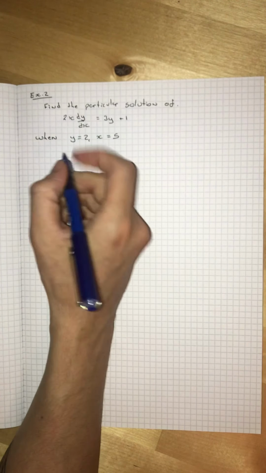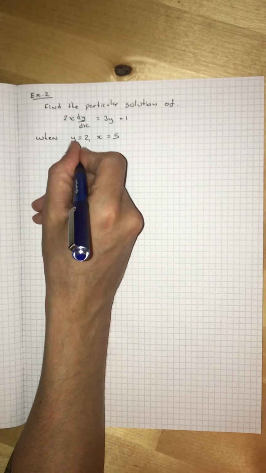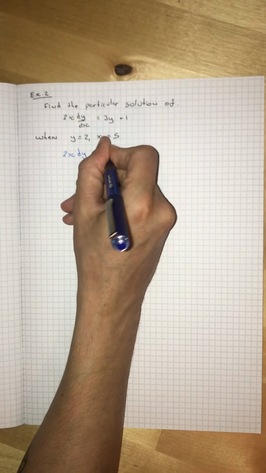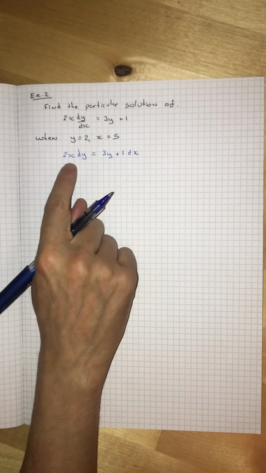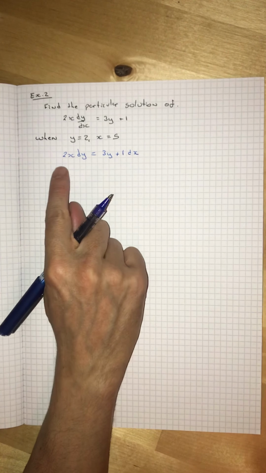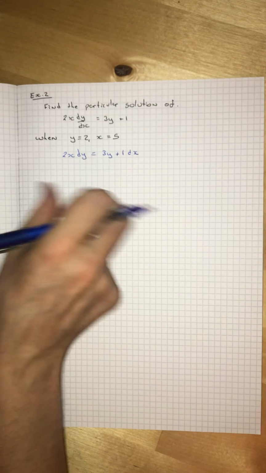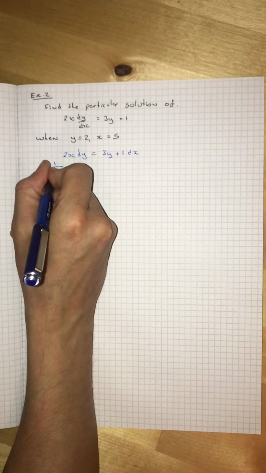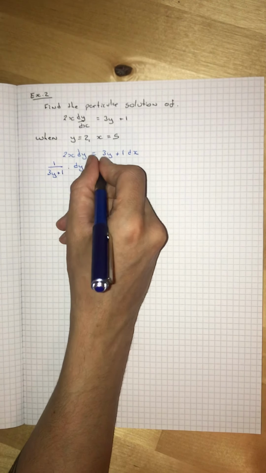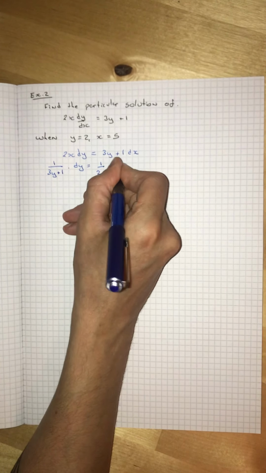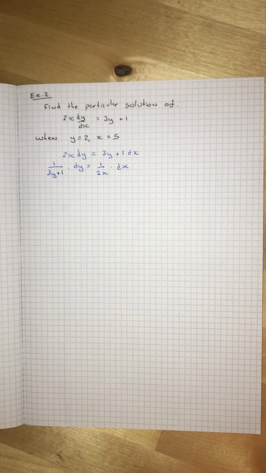So if we bring the dx up, we're going to get 2x dy equals 3y plus 1 dx. That's a problem because I need to have the x's on one side and the y's on the other side. So we bring the 3y plus 1 down, and dy over 3y plus 1 will equal 1 over 2x dx.